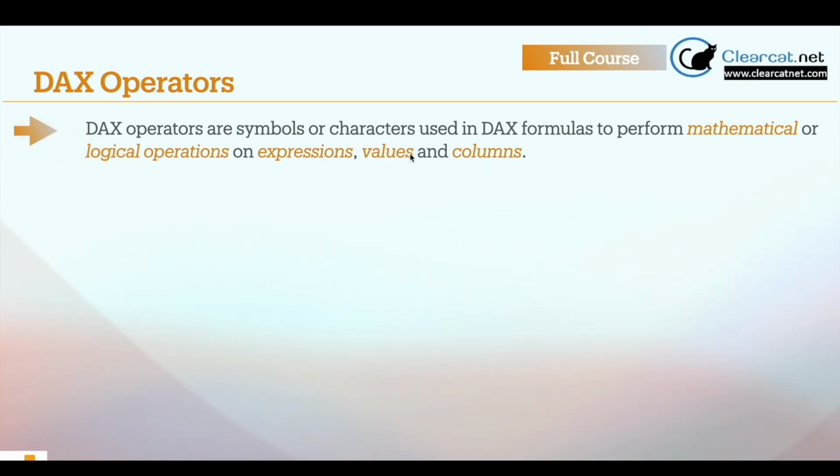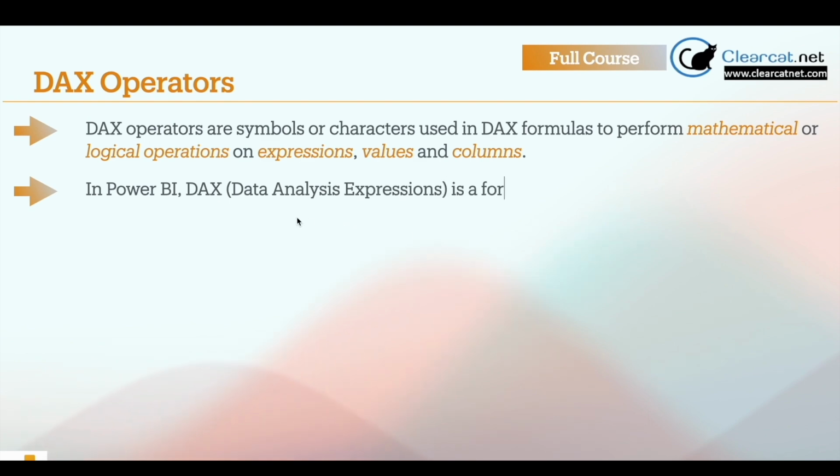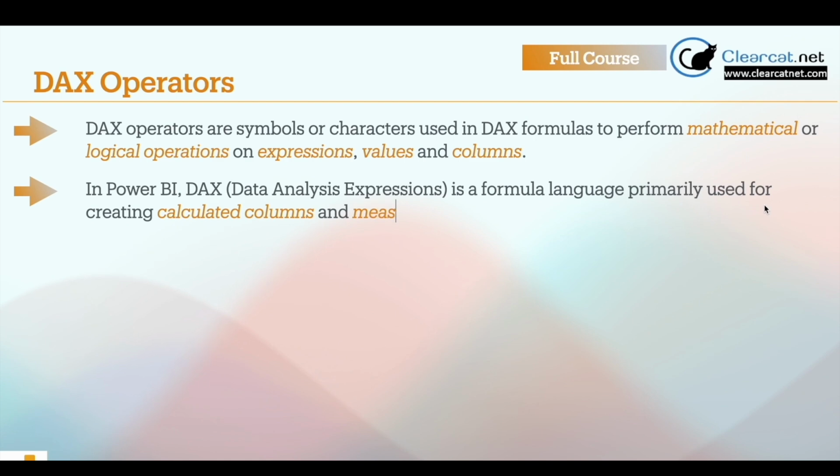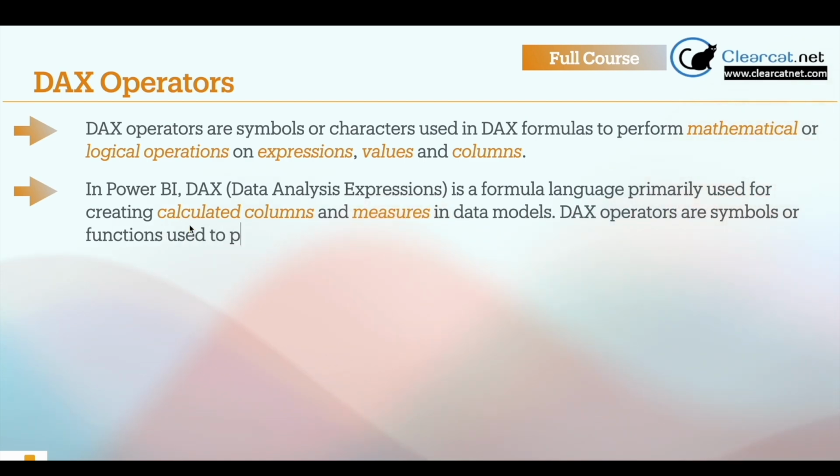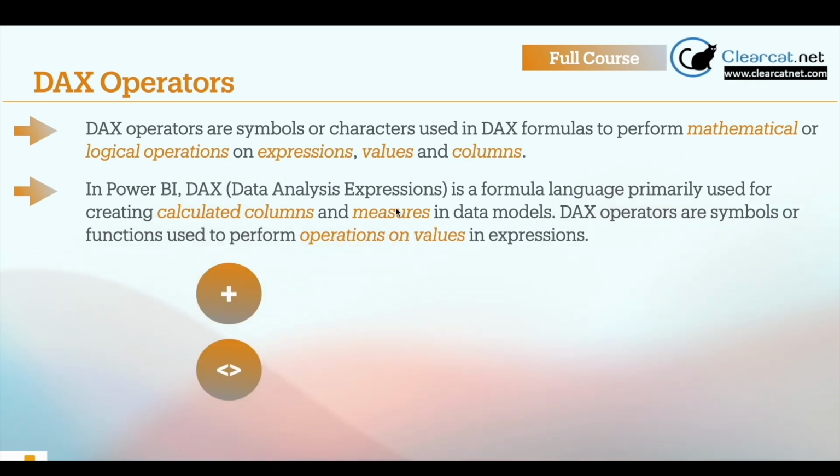We work on these with the help of DAX formulas. In Power BI, DAX, Data Analysis Expressions, is a formula language primarily used for creating calculated columns and measures. How we create calculated columns and measures, we will see when we work with the Microsoft Power BI tool. And it works with these formulas in our data model.